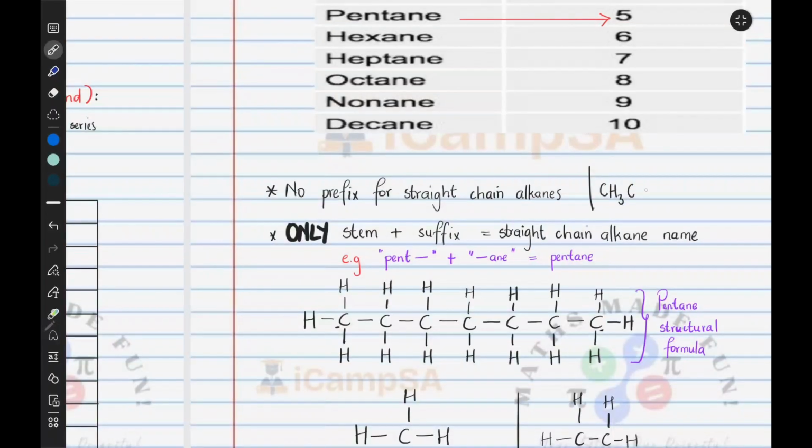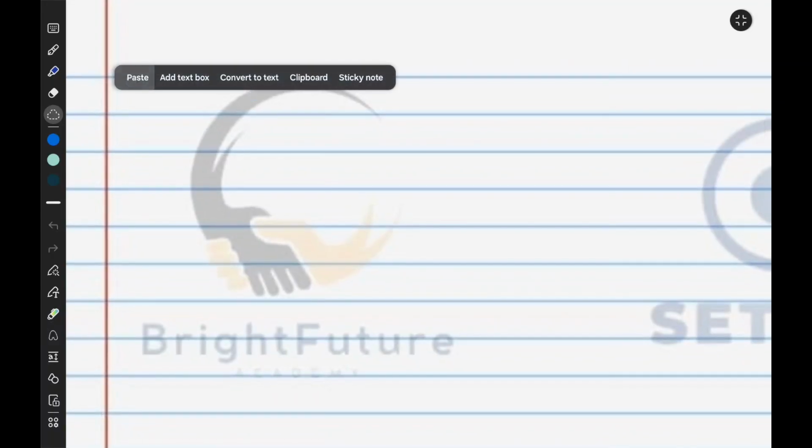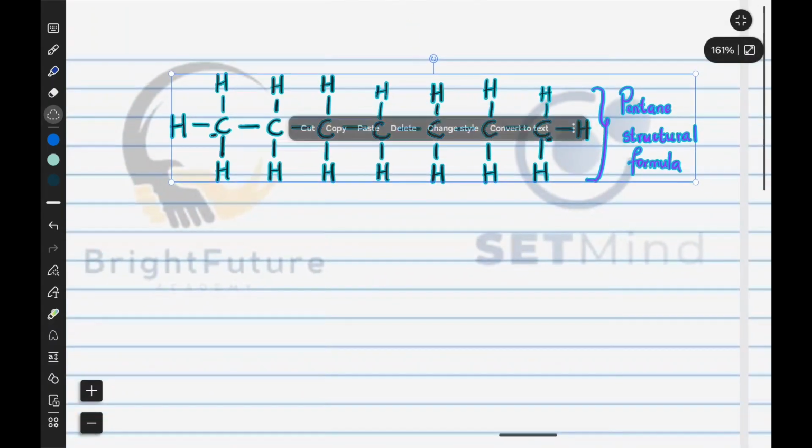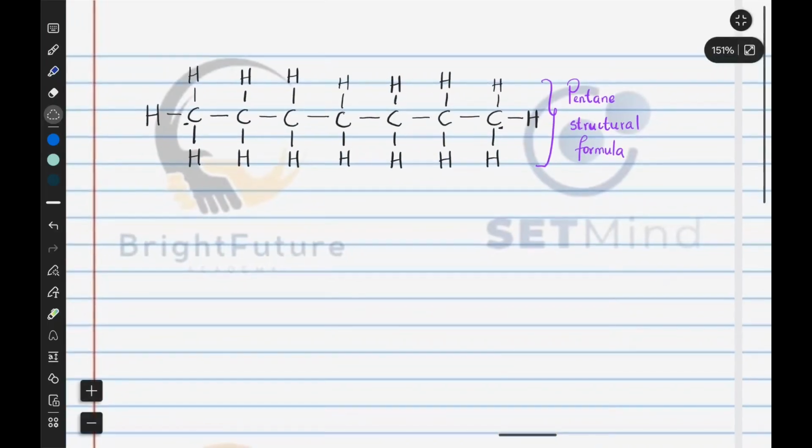Then we come to the next one, C again. How many hydrogen atoms? 2, so it's H2. We are done with that. We come to the third one, it's CH2 again. Fourth one, CH2. In fact, let's take this to another page. So we said this is the pentane structural formula.